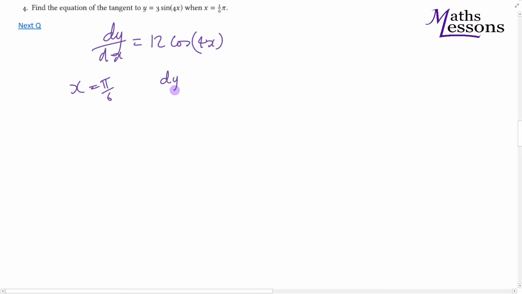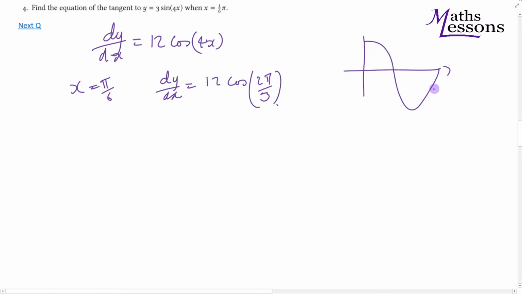So therefore, we get dy by dx is equal to 12 cos of 2/3. Sorry, rub that out. X is pi over 6, so I'm going to get 2/3 pi, pi over 6 times 4. Now, that's going to give me -1/2. How do I know that?